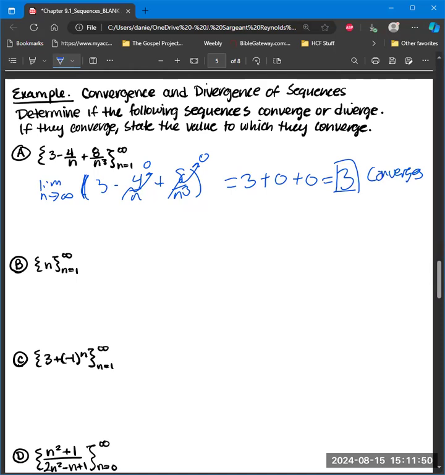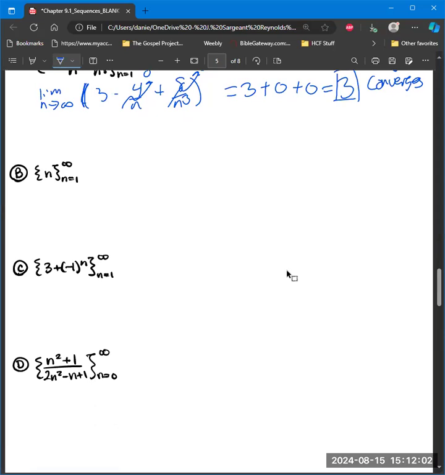It converges because the limit is finite, right? It exists and is finite. So now let's think about the limit as n approaches infinity.